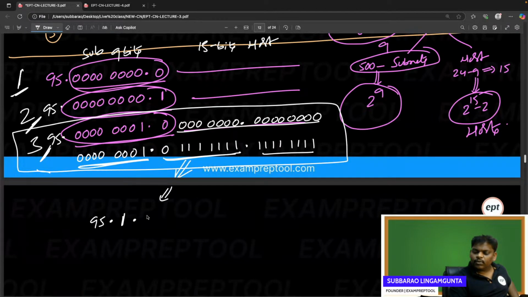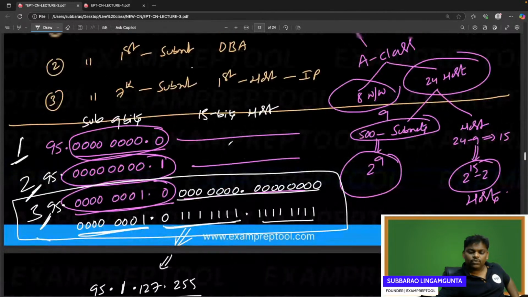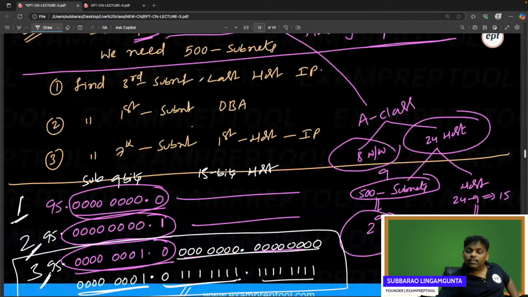What is the answer? It is going to be 128 removed. Is it 127? 255 minus 128, that is 127. Yes, perfect, 127. So can you see the first question? Find the third subnet's last host.